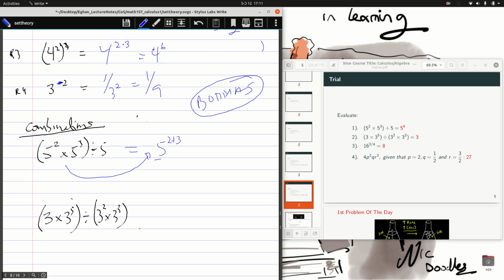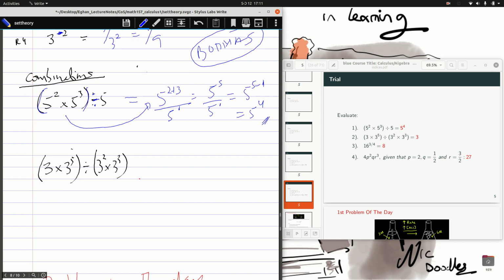This is dividing 5 to the power 1. This is 5 to the power 5 over 5 to the power 1. And by division rule, this is simply 5 minus 1. So I do the bracket first, and then I do the division. Bracket, I add the index, division, I subtract. And that's 5 to the power 4. I don't know what the answer is.